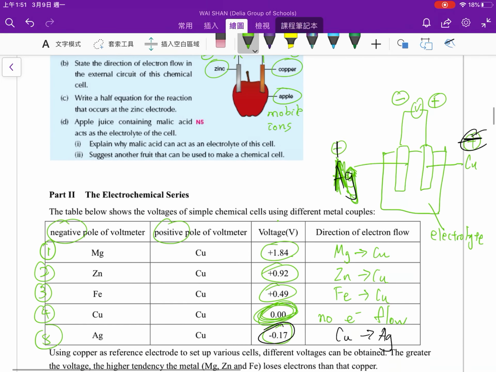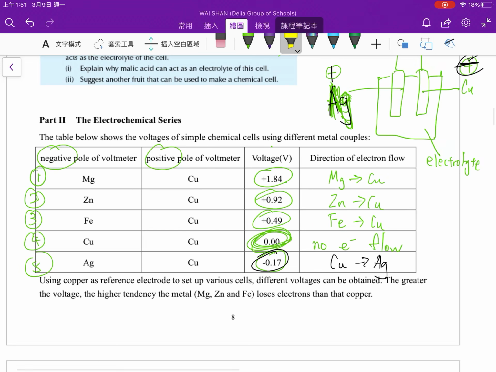Similarly, by comparing these voltages, we can arrange the metals into a series, similar to the reactivity series. It's also about the tendency to lose electrons, and we call it the electrochemical series, or E.C.S. in short.